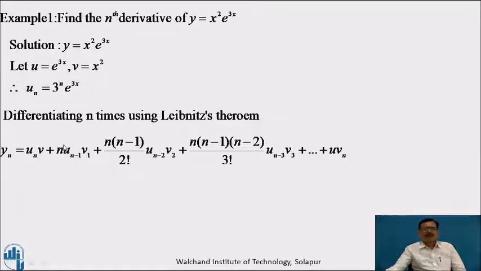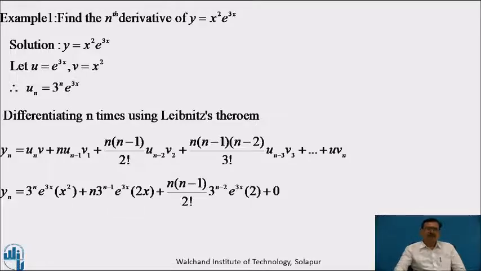If y equal to u into v, then yn equal to nth derivative of u into v plus n into u suffix n minus 1 derivative of u into first derivative of v and so on. Now we have to substitute nth derivative of u, v, n minus 1 derivative of u and first derivative of v and so on in this statement, which you can write.